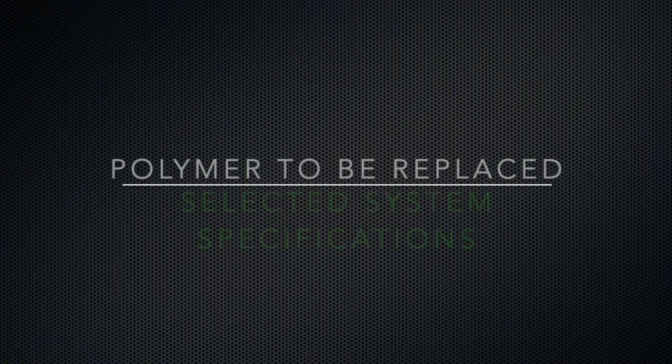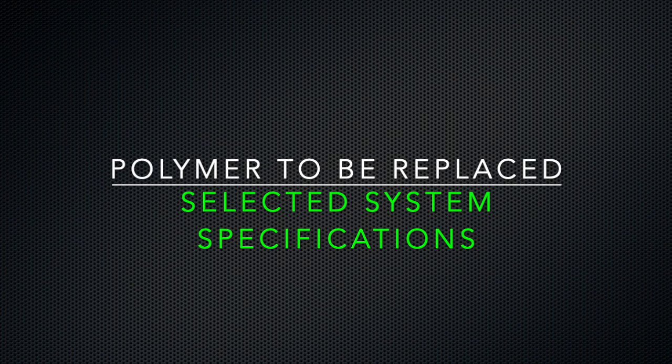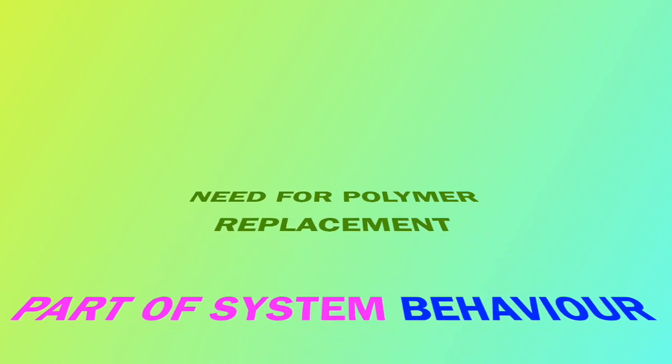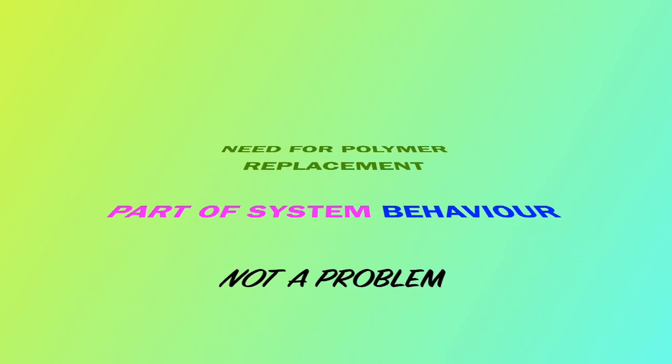Coming back, we need to understand polymer that needs to be replaced, I repeat, replaced, depends on the selected system specifications. As such, this must be considered as part of the system behavior, I repeat, behavior.